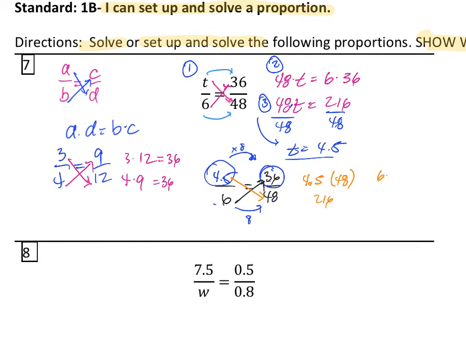And 6 times 36 was 216. So they are equivalent. But what we were trying to find was what would t be? And t is 4.5 to make this proportion true.